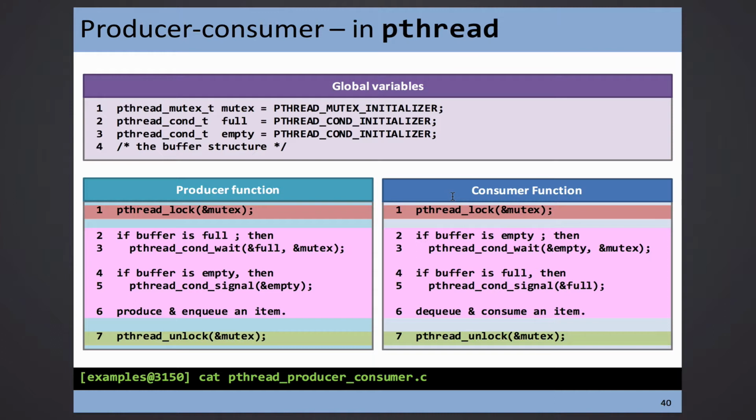And the other way around, let's say this guy tries to notify him, and the beauty of this API comes again. You wake him up using this full. This guy wakes up, but it won't actually proceed. Why? Because you hold the mutex, and this guy doesn't have the mutex, so it should go back to sleep.